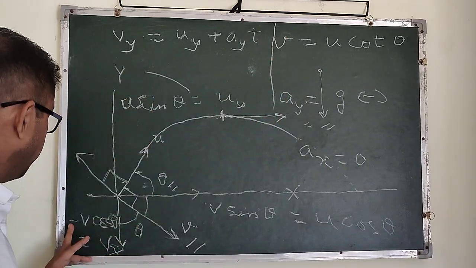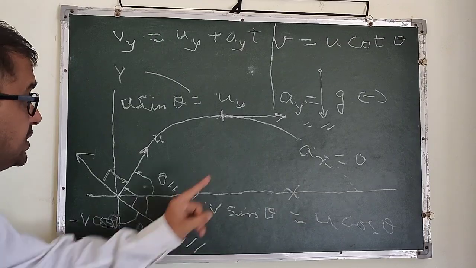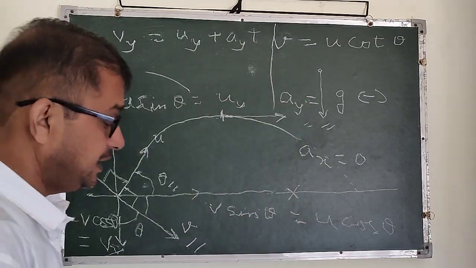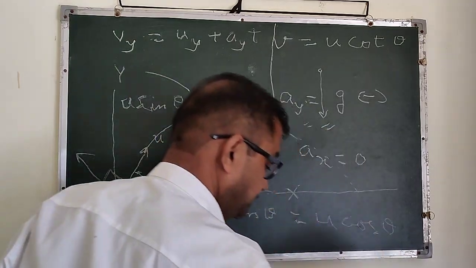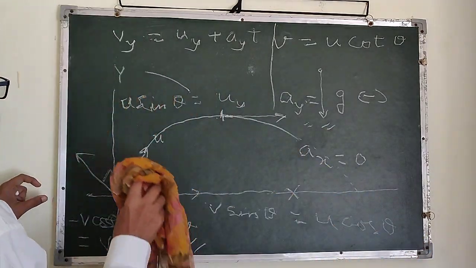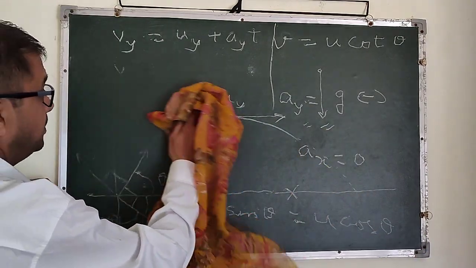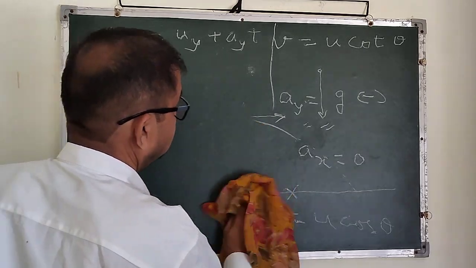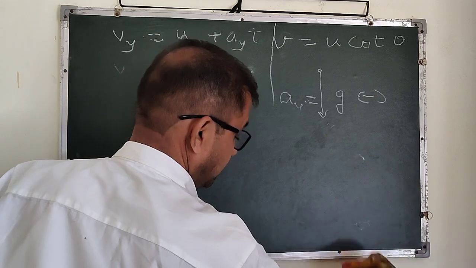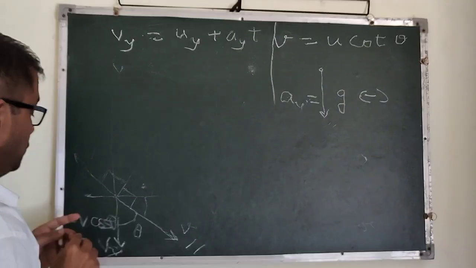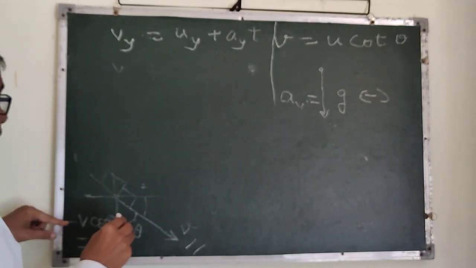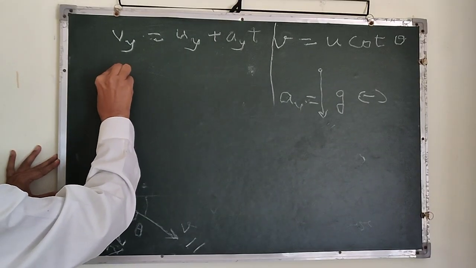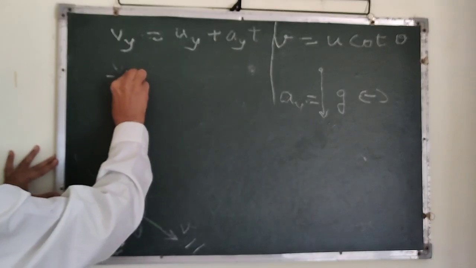What is vy? That is minus v cos theta, and what is v? That is u cot theta. On putting the values we get vy is equal to minus v, and v means u cot theta.